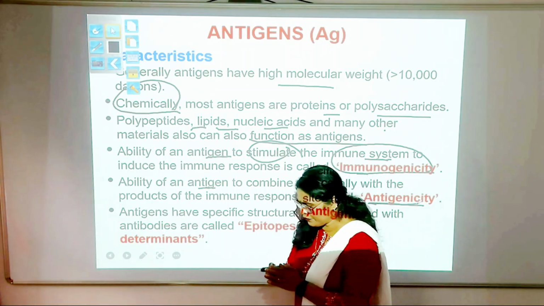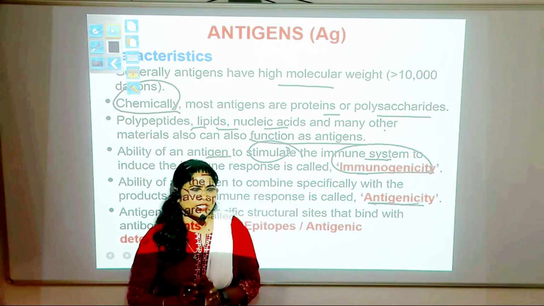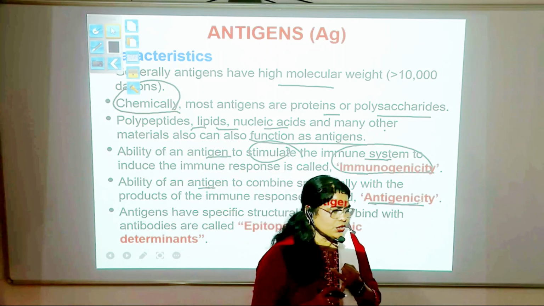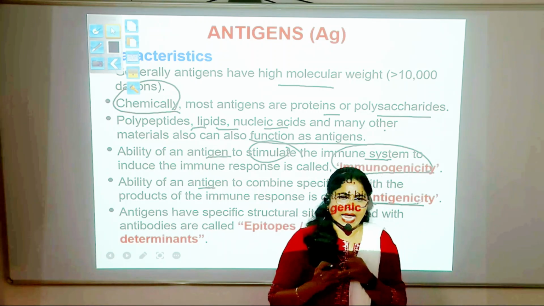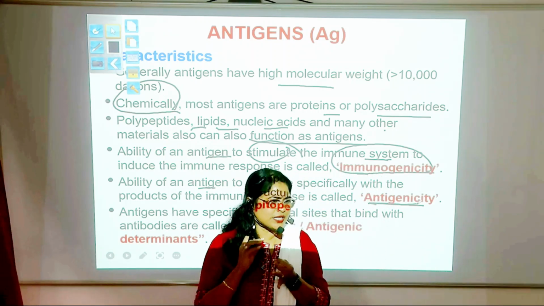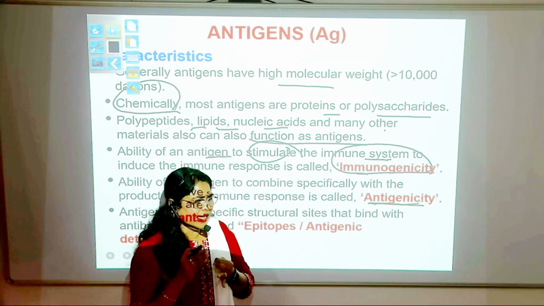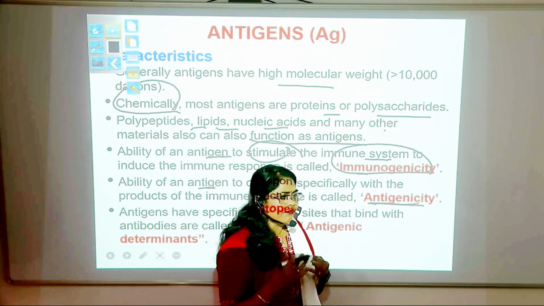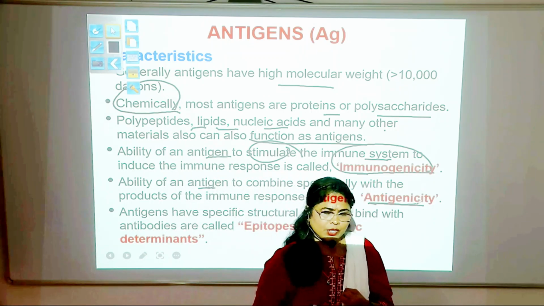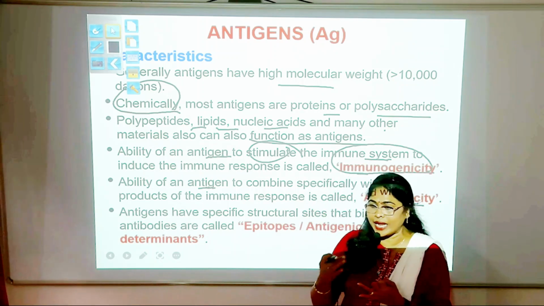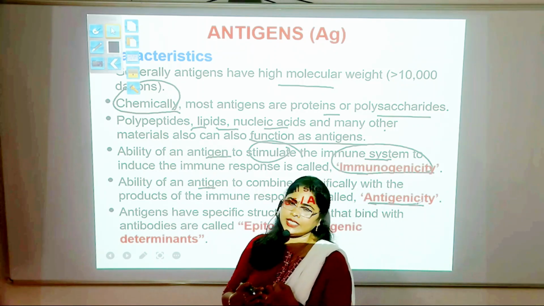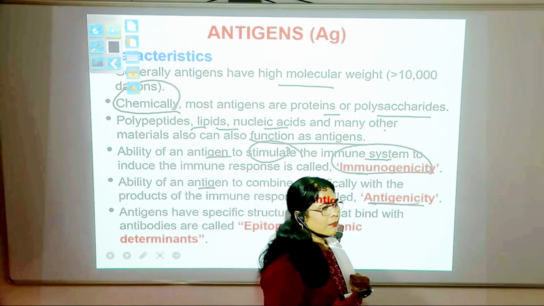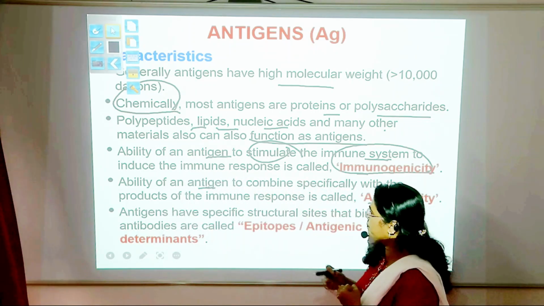So the very important properties of an antigen are immunogenicity and antigenicity. Immunogenicity is the ability to produce antibodies in the body. Antigenicity, also called immunoreactivity, means an antigen should react with an antibody. It should combine with an antibody.